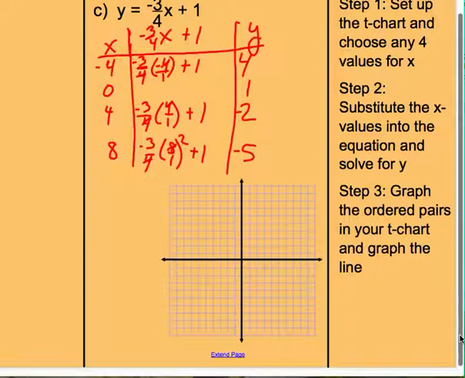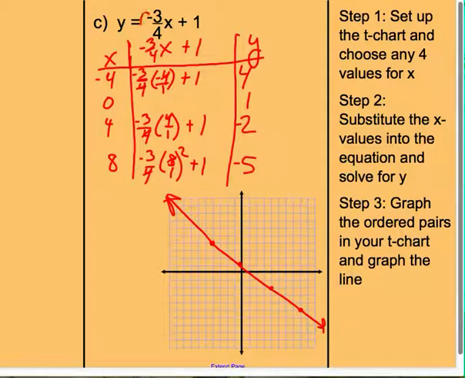So we've got -4, 4 for our first ordered pair. 0, 1. 4, -2. And then 8, -5. Now make sure again that your line matches the sign of your slope. So looking at our equation, our slope is negative and our line is falling, so they match up.